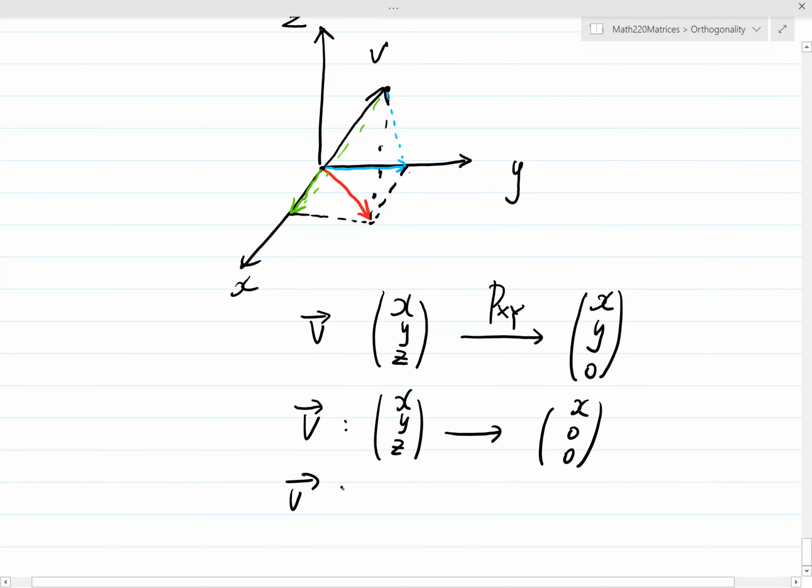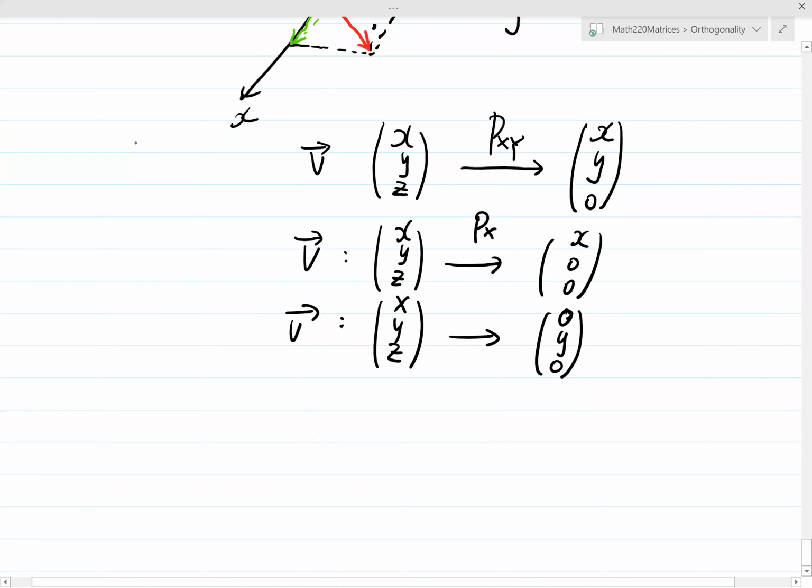Projecting onto the Y-axis, we get 0, Y, 0. This is the projection on Y.